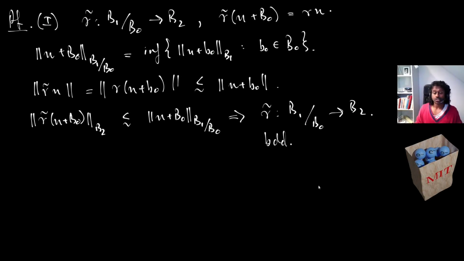Okay? So we have a bounded map, in fact a bounded surjection, because remember, the gamma was a surjection, so of course this is also a surjection, right? We've just modded out the kernel. So this is a bounded surjection. So that means that gamma tilde is an open map. But it's not just a surjection, it's a bijection, right?